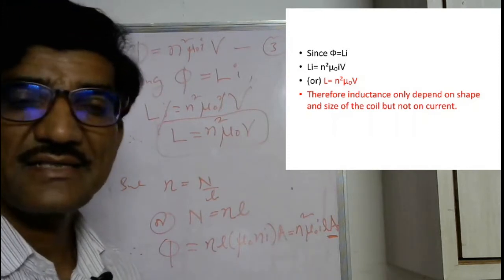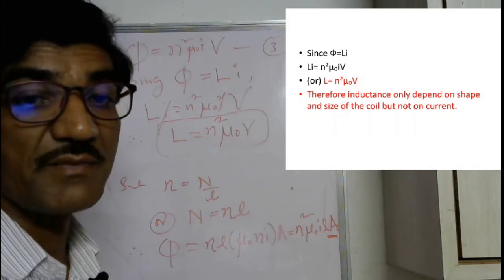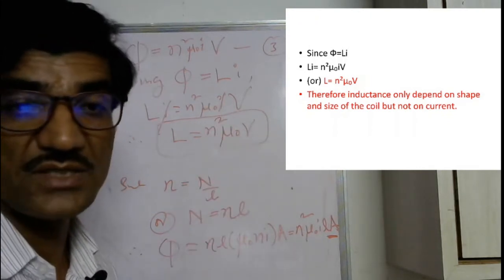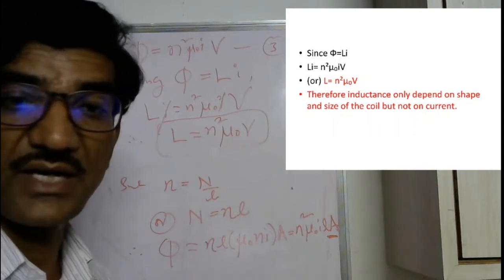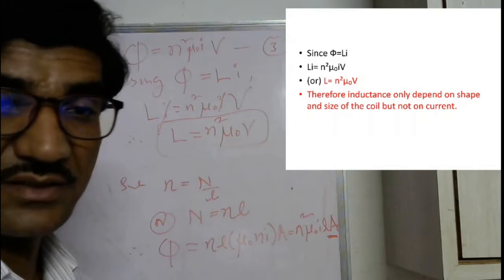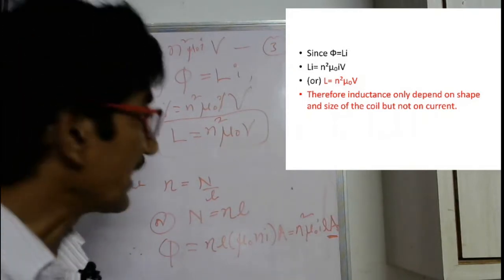Self-inductance or inductance of any object, any coil, depends on the shape and size of the coil. How many turns are there? What is the area? What is the length of that coil? It depends on these things, the length and shape of the coil, or the geometry of the coil.